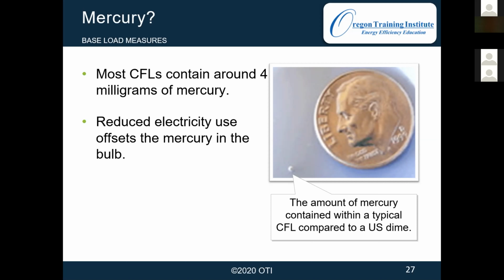And though we've gotten better at having cleaner coal, it's still not 100%. So when we use CFLs, we're actually putting less mercury into the environment because we don't need as much electricity, 75% less. So those coal plants, we're reducing that need and offsetting our mercury versus the exponentially more that would have been produced from the electricity that was made at the power plant.